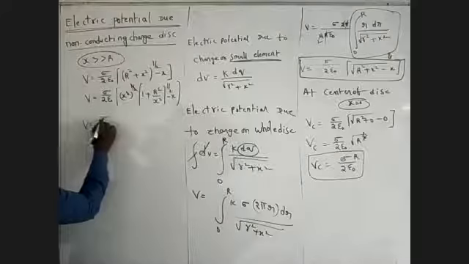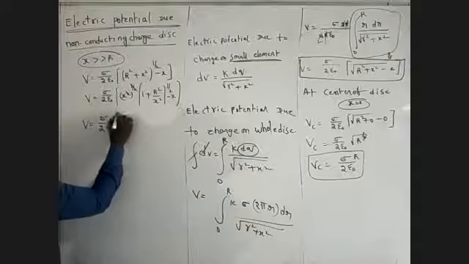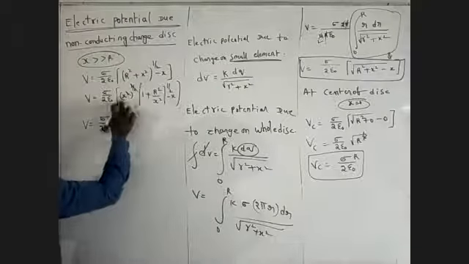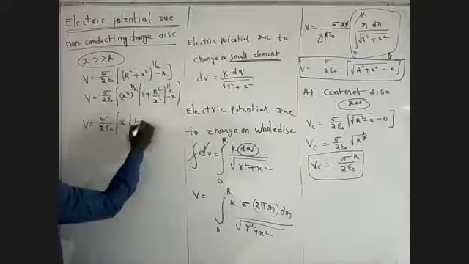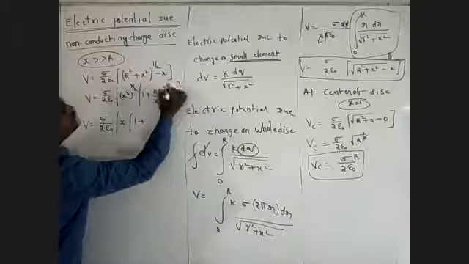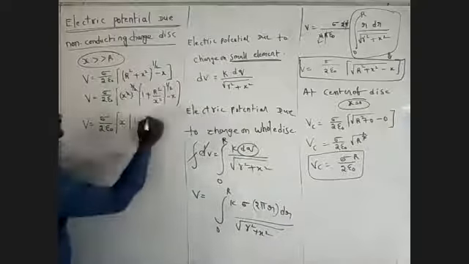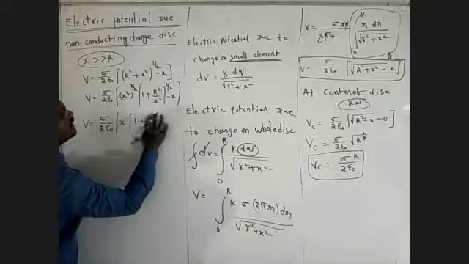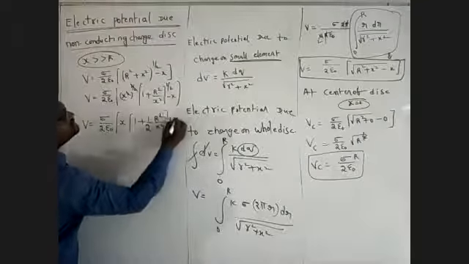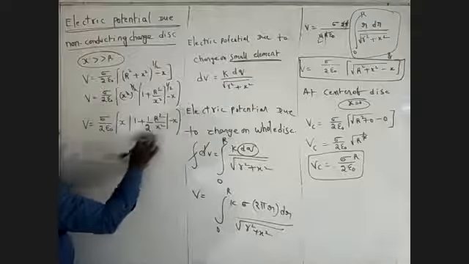V is equal to sigma by 2 epsilon naught times [x into (1 plus ...) minus x]. According to the binomial theorem, with power 1 by 2, this is 1 plus (1 by 2) times R squared by x squared, minus x.